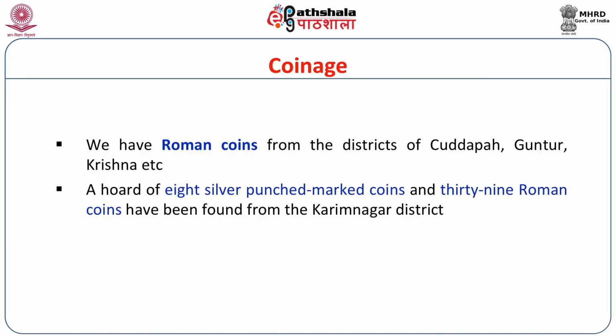In exchange, they paid the prices of those goods in their coins, and that's why we get Roman coins. So, coins were used in order to facilitate trading exchanges. This is how we learn about coinages.